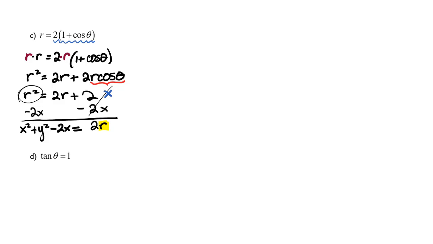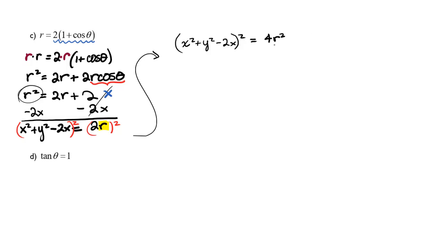And now I need to square both sides. This will give me x squared plus y squared minus 2x all squared equals 4r squared. And now I can replace the r squared with an x squared plus y squared.